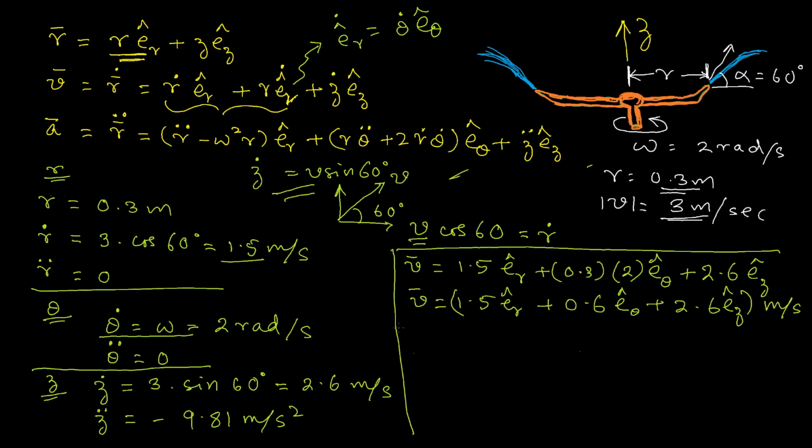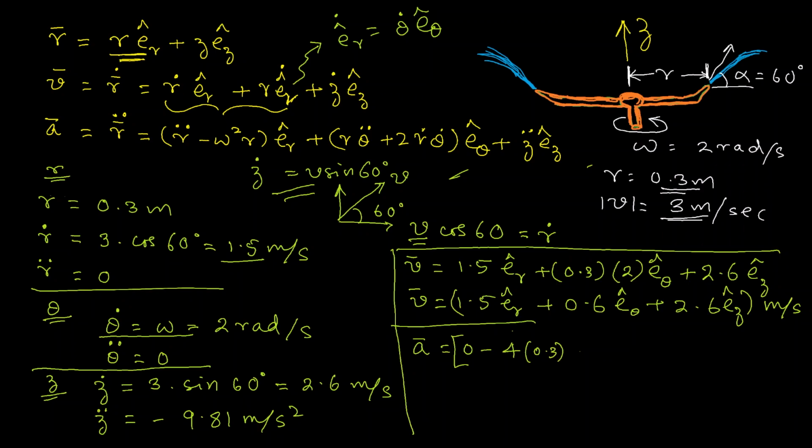Now exactly in the same way, if you want to calculate the acceleration vector, here r double dot is 0, minus omega squared, which is theta dot squared, 4 times r, which is 0.3.